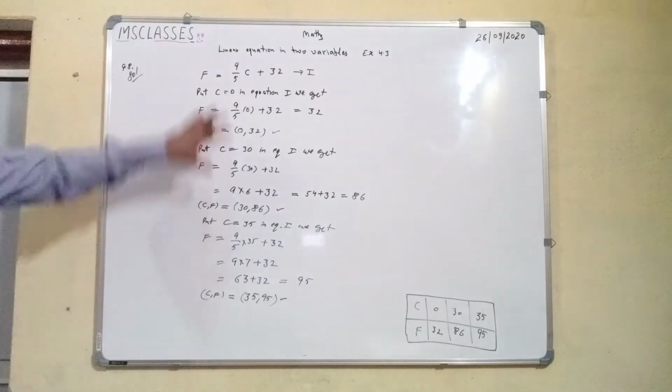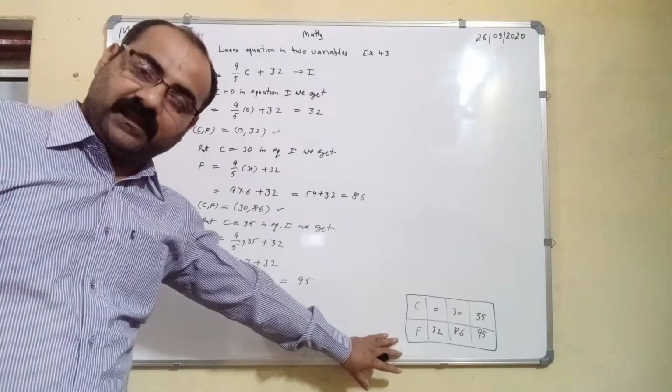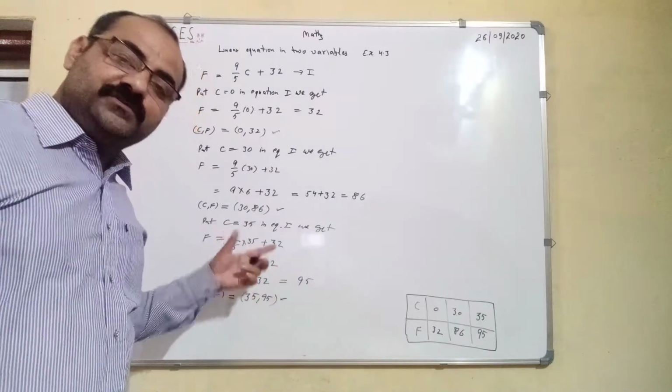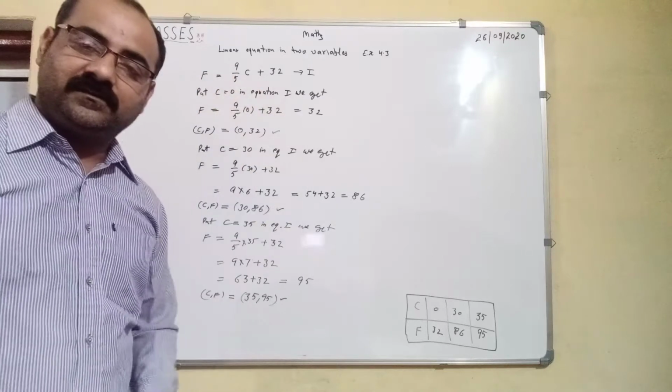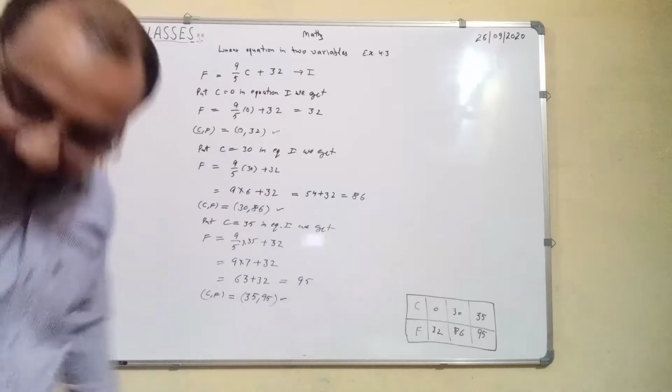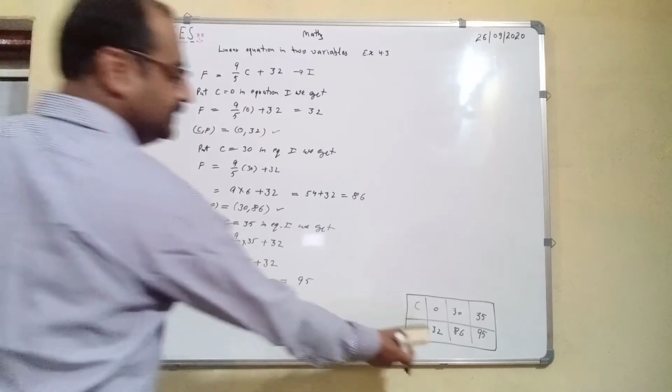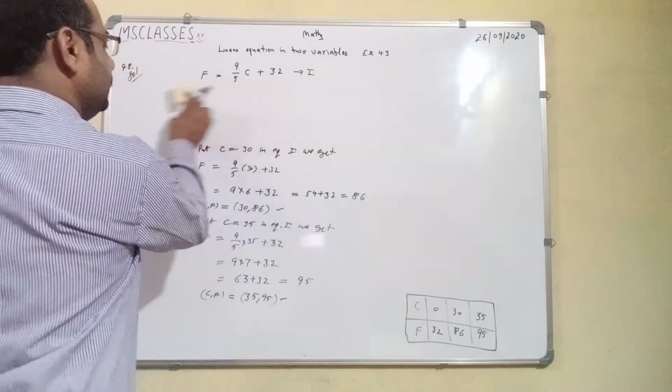Right guys, these are the solutions, and this is a table of solutions of the equation F is equal to 9 over 5 C plus 32. Now we will plot these points on the Cartesian plane.